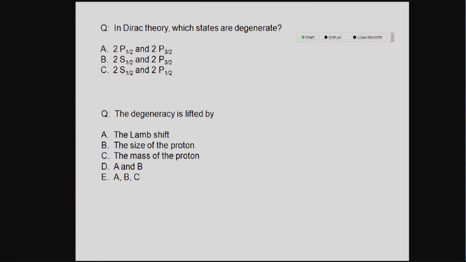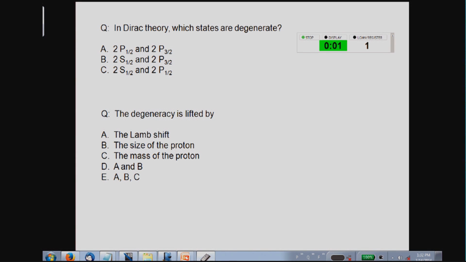Oh yeah, in Dirac that should be easy, but it's just a warm-up question for the next one. Which states are degenerate in Dirac theory? And you have a few choices. That should be easy.